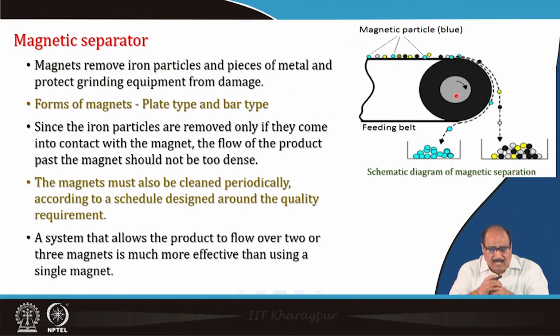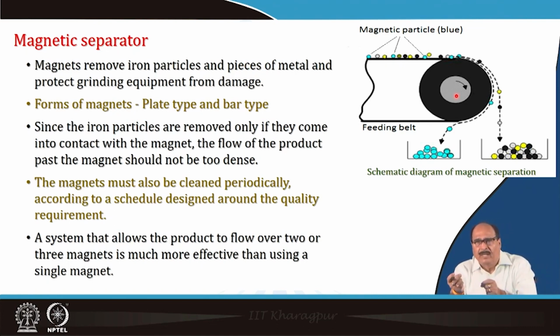The magnets must also be cleaned periodically according to a schedule designed around the quality requirement, and a system that allows the product to flow over 2 or 3 magnets is much more effective than using a single magnet. So, multiple magnets may be placed.